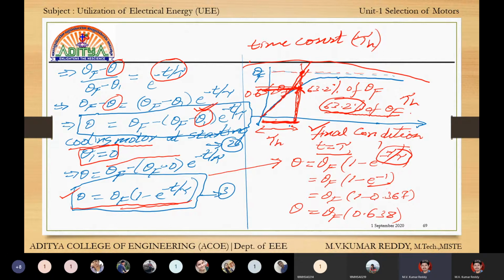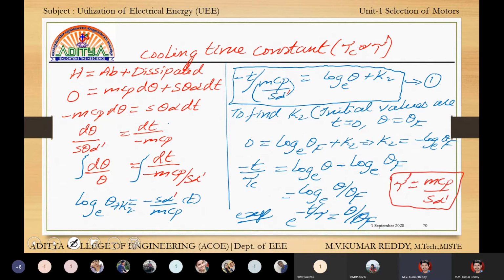E power minus 1 value is 0.368, and 1 minus 0.368 is 0.632. That becomes 63.2% of its final value. This is the heating time constant tau h.